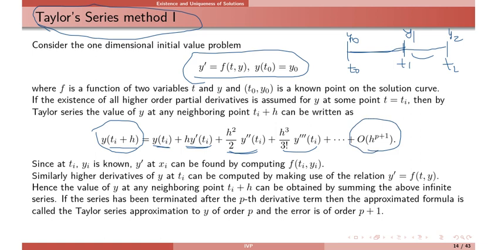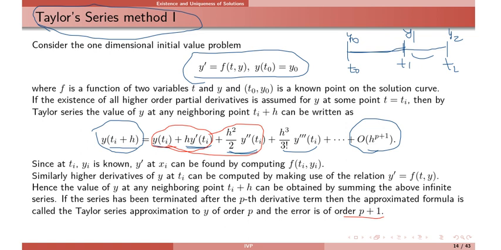Okay, so if you write the Taylor series up to, say, the first derivative, then we say that this is a first order method, and if you write the series up to the second derivative, then you say that it is a second order method, and so on. So if we stop at the pth derivative, then the error will be of order p plus 1.